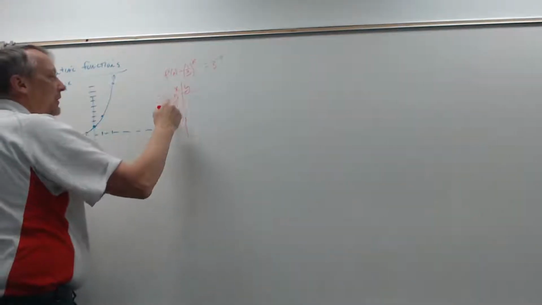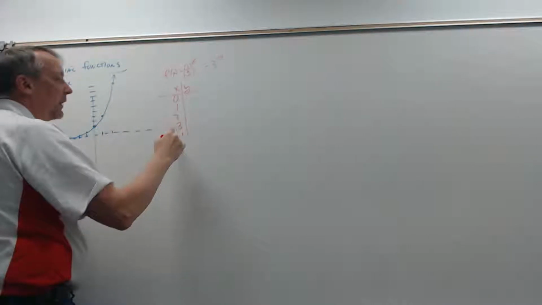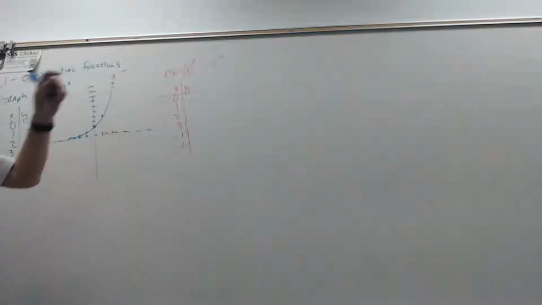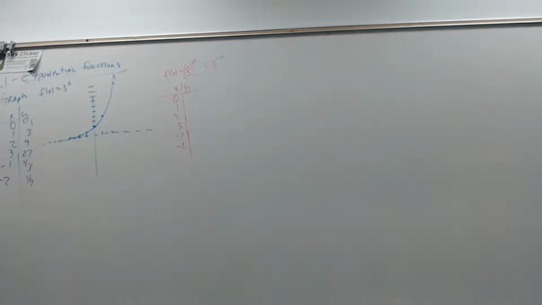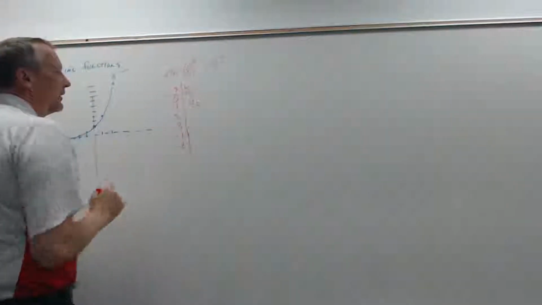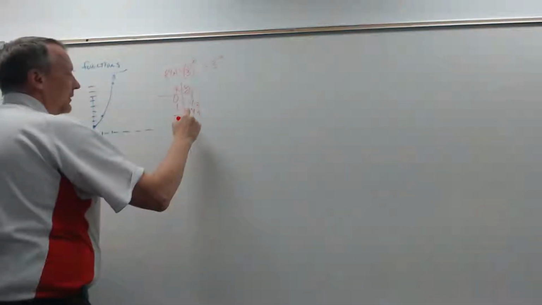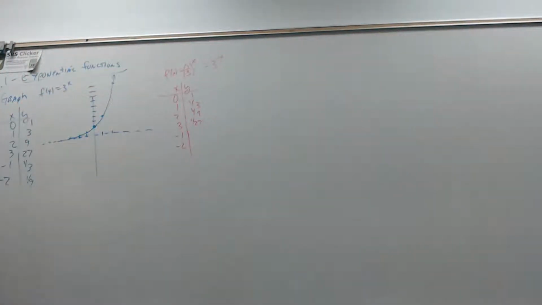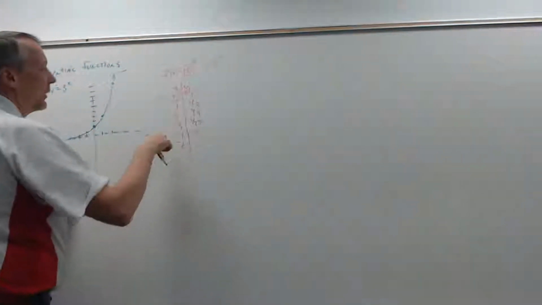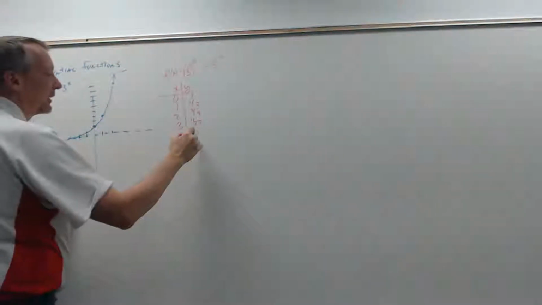So 0, 1, 2, 3, -1, -2. 1/3 to the 0 power is 1. 1/3 to the first is 1/3. 1/3 to the second power is 1/9. 1/3 to the third is 1/27. 1/3 to the minus 1 power is 3. 1/3 to the minus 2 is 9.